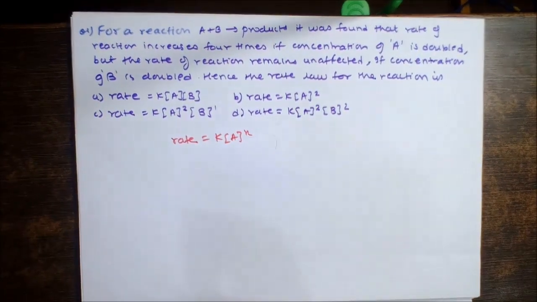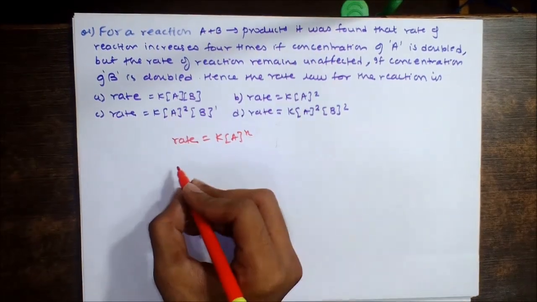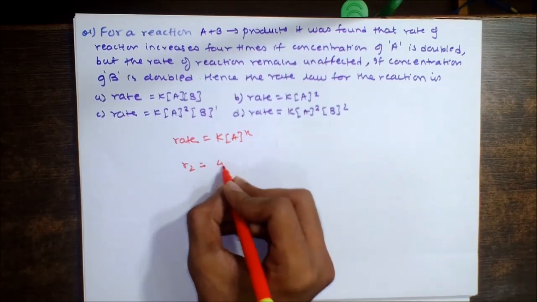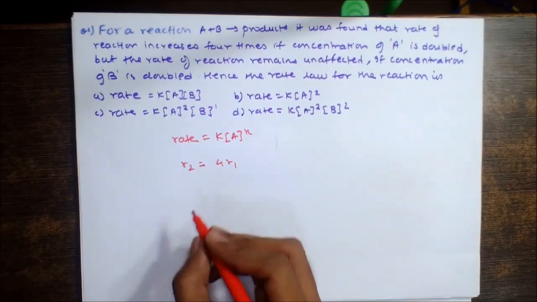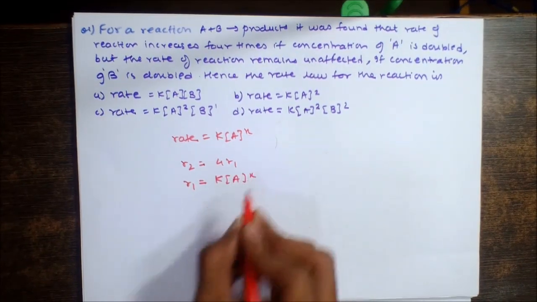As A is doubled, the rate of the reaction increases 4 times. So, R2 will be equal to 4 times R1. R1 will be equal to k[A]^x.